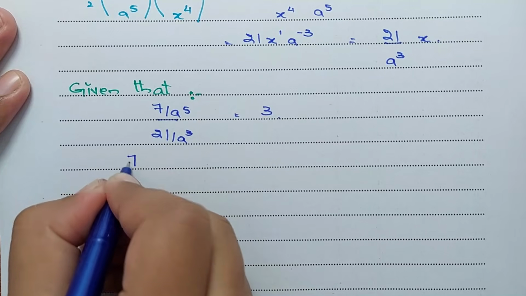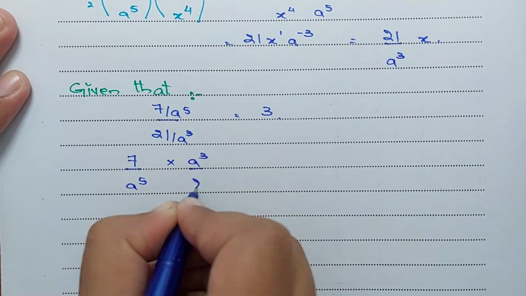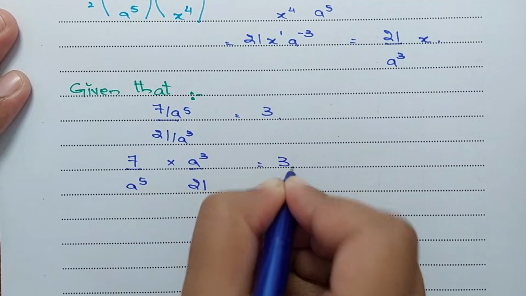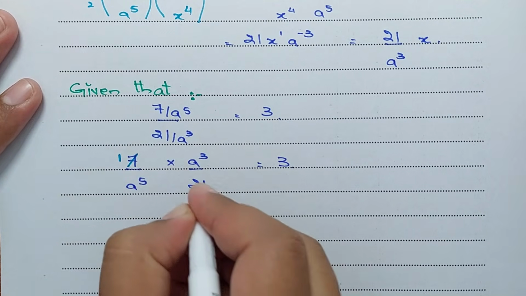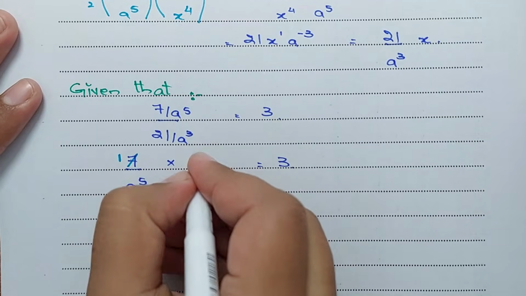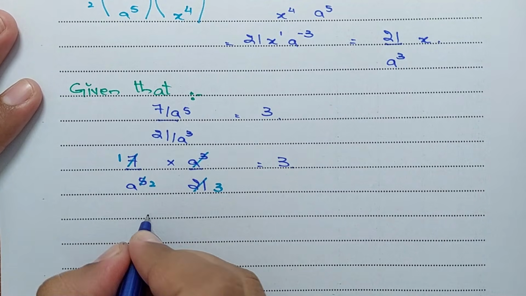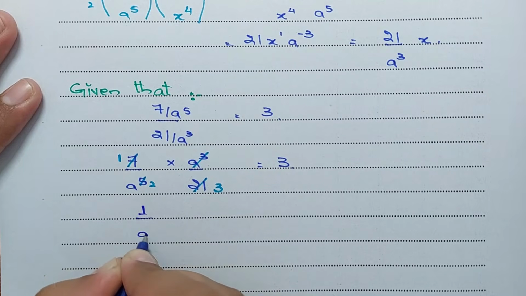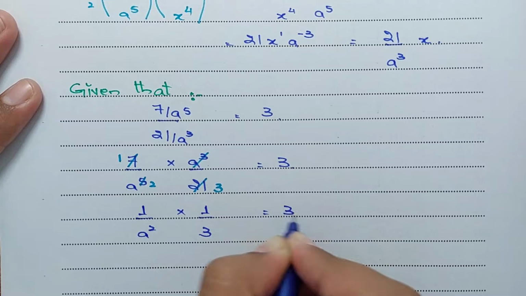Or we can say 7 over a^5 multiplied by a cubed over 21 equals 3. Now 7 times 1 is 7, 7 times 3 is 21, so a cubed cancels and a squared is left. So 1 over a squared times 1 over 3 equals 3.